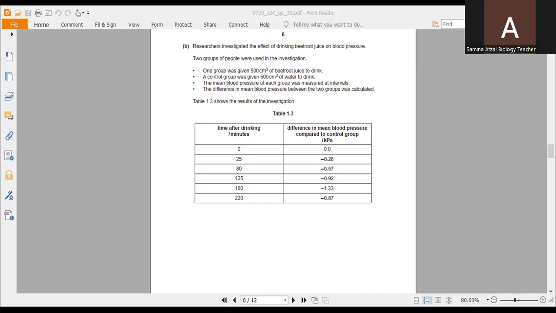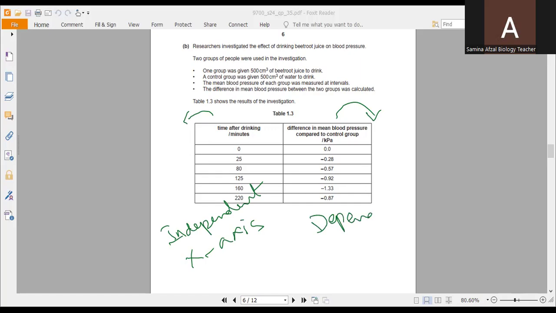One variable we will take on the x-axis and the other on the y-axis. So here in this case, the independent variable is the time, and it will be taken on the x-axis, and the dependent variable will be taken on the y-axis.